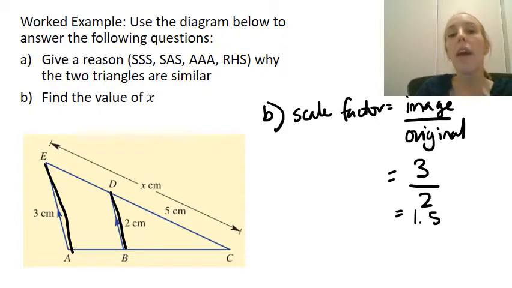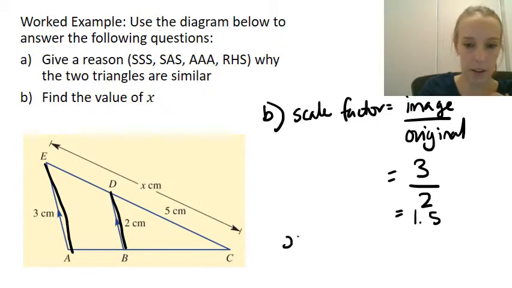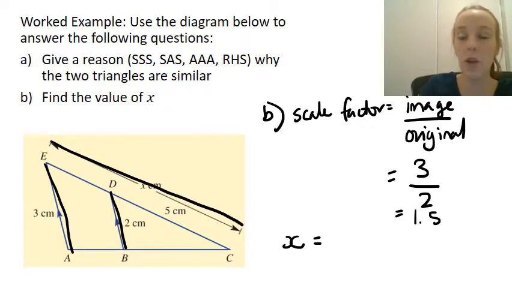Okay, so from there I can work out my value of X. X is the longest side of that image triangle, which is 1.5 times bigger than the smaller triangle, which is 5 centimeters from here to here. So it's going to be 5 times 1.5.